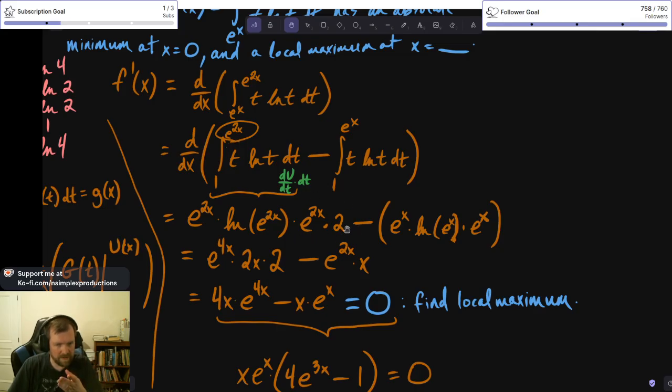So we've got that here. Over here, we got e to the x, so its derivative is just e to the x. And then natural log t is something that we're going to get in both terms. In this case, t is being replaced by the upper function in each integral. So e to the 2x and e to the x.